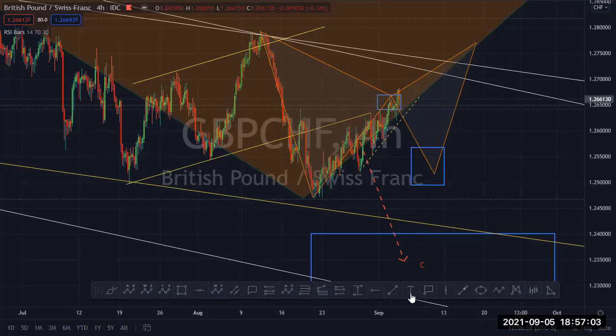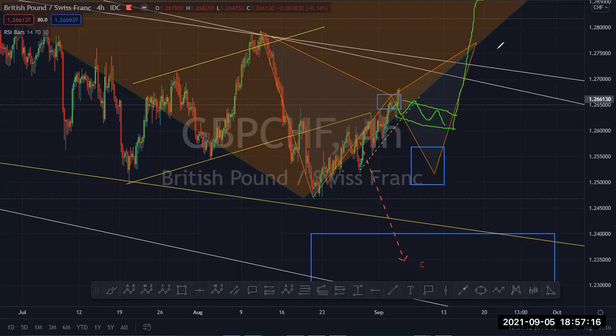Second option, we only get a kind of sideways or even zigzag correction, this type of correction, and the market will continue going up. Okay, so in any case, selling it to me is riskier than buying. So it's better you wait to buy after corrections.